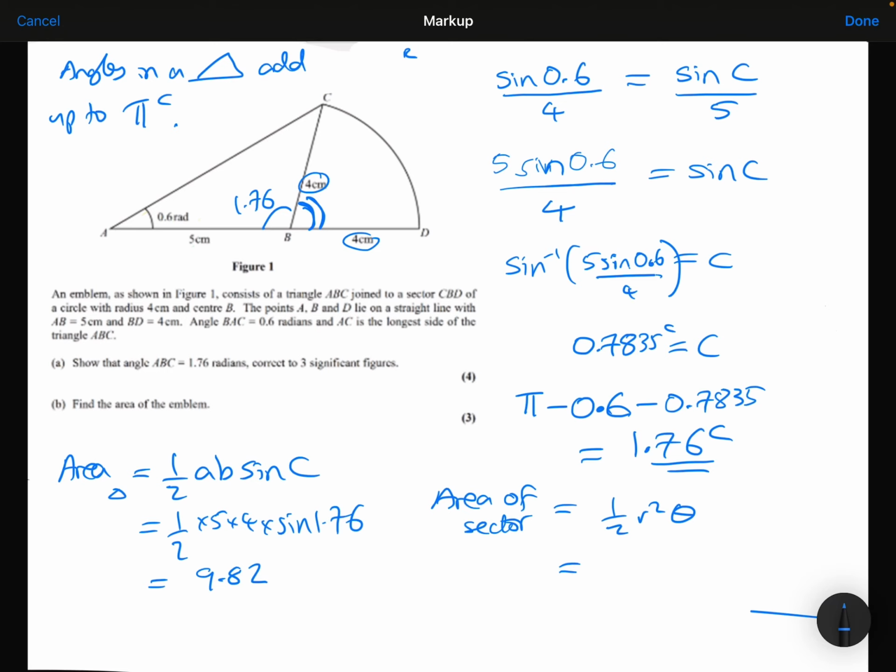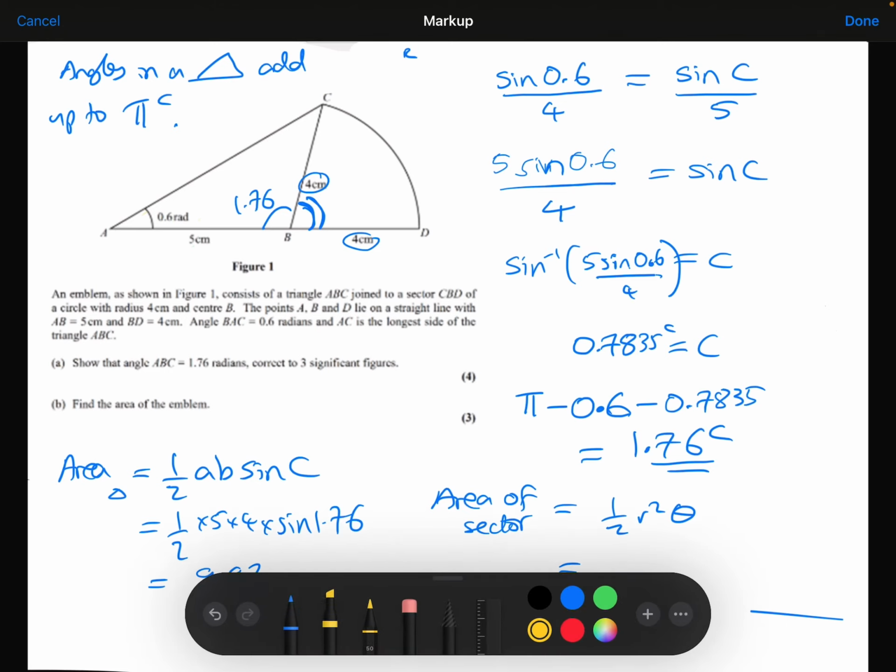Well, notice that we have a straight line here. And we know that the angles on a straight line will add up to pi radians. So if I do pi minus the 1.76, then I find that this angle here is 1.38.